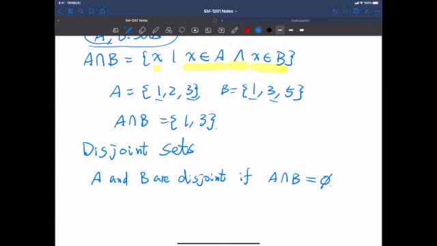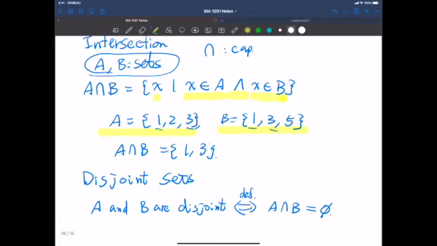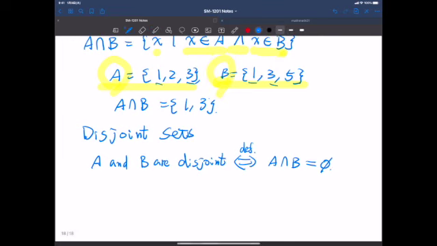Actually, if and only if, so these are equivalent. It's the definition. In the previous example, A is 1, 2, 3 and B is 1, 3, 5, so the intersection is not empty. So this A and this B are not disjoint.